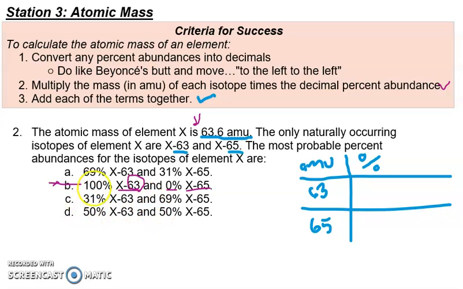The rest are doable percentages, so let's try them out. So let's say that we are looking at D, for example. D is saying that there are 50% 63, so let's turn this into a decimal. So that means that there's 0.5 of this one, and there's 0.5 of this one.